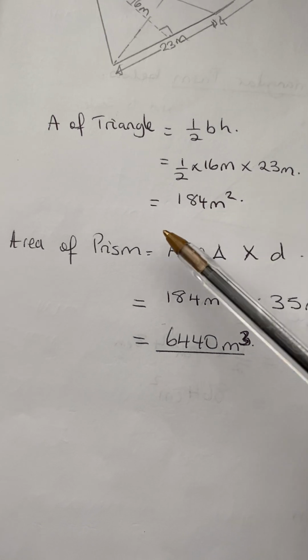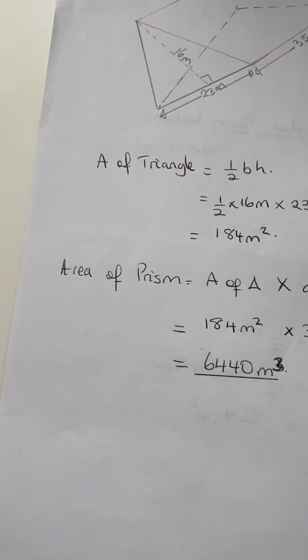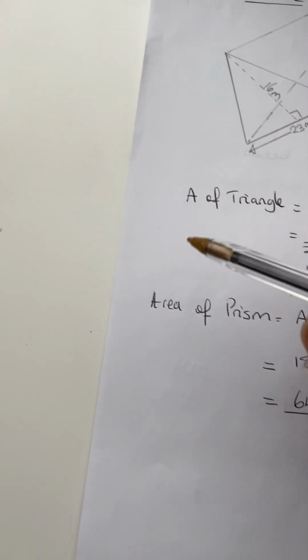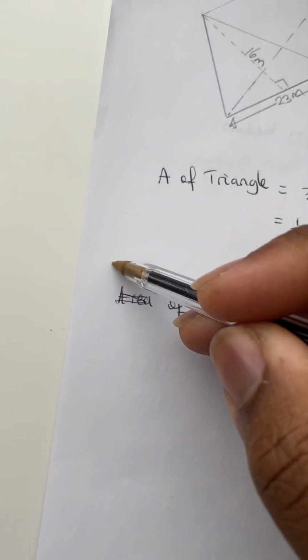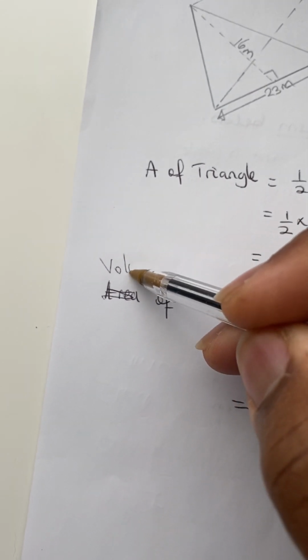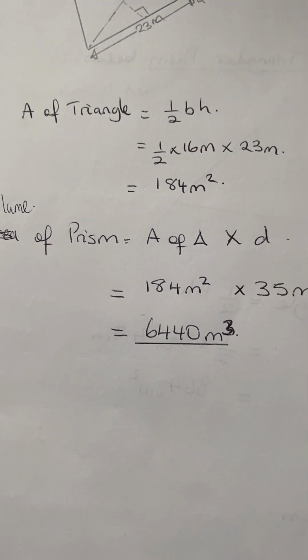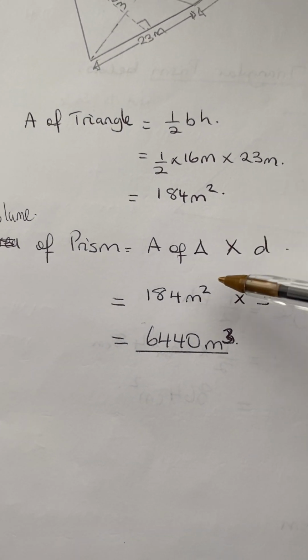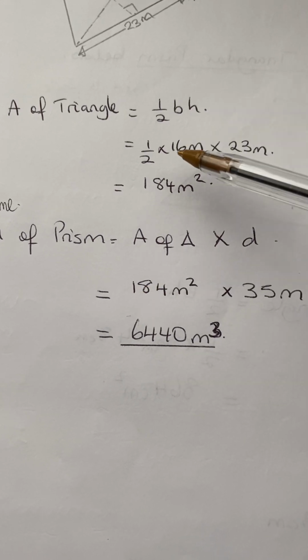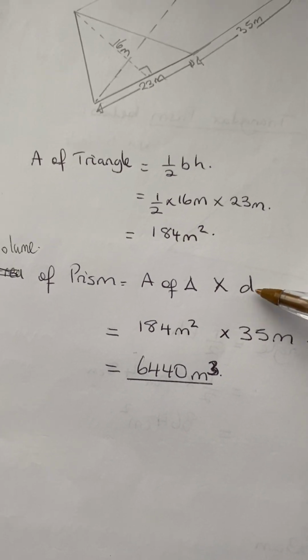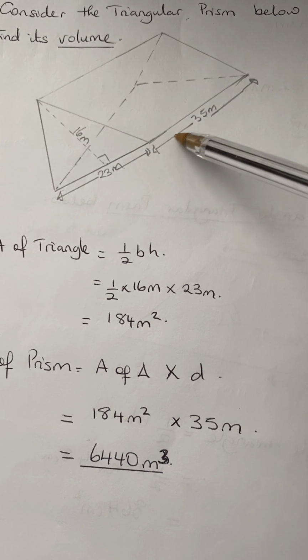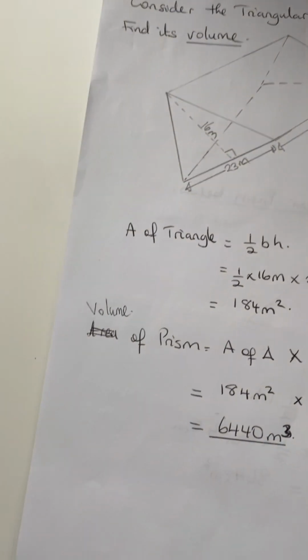Now we look at the volume, please. The volume of the prism. We are finding the volume, not the area. So the volume of the prism is the area which we have found times the distance. This distance is 35 meters.